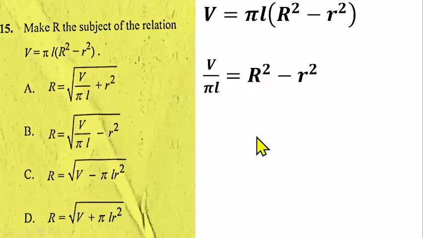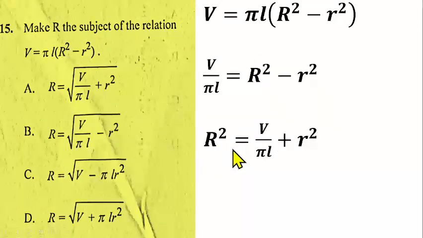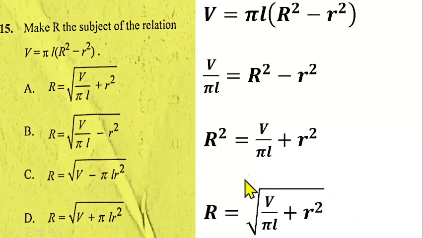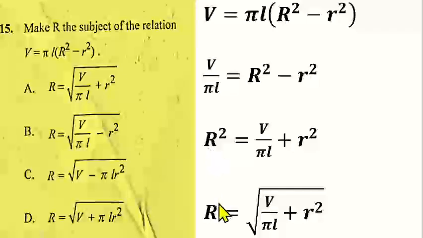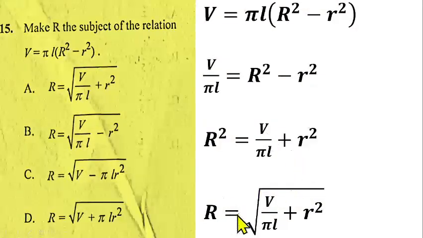So that means you'll be having R squared is equal to V over pi L plus small r squared. Then our aim is to find R, so we need to find the square root of both sides. So R will be equal to the square root of V over pi L plus r squared, which is option A for question number 15.